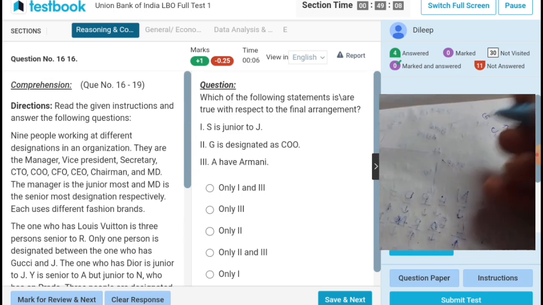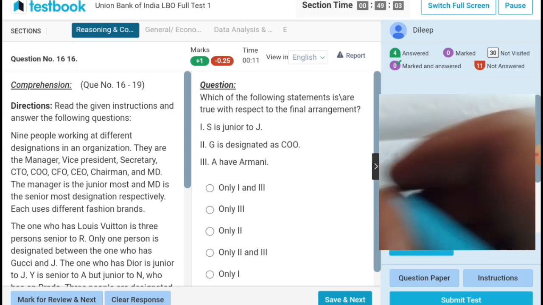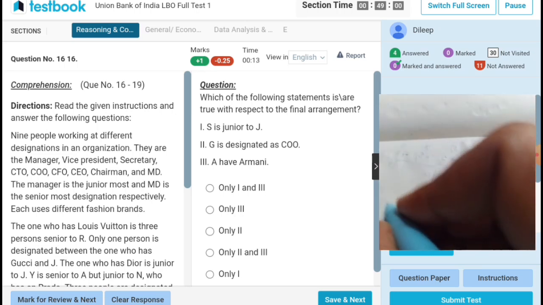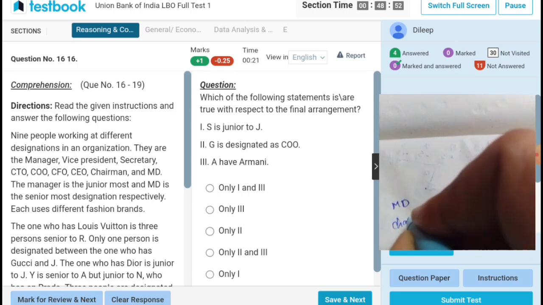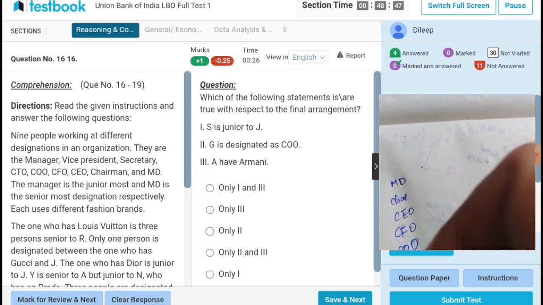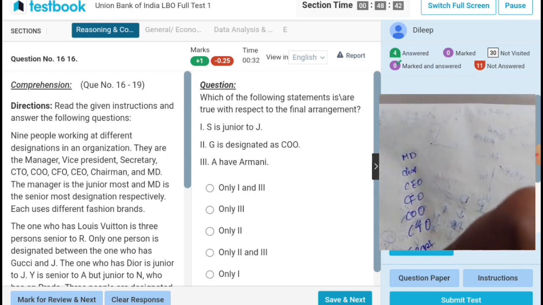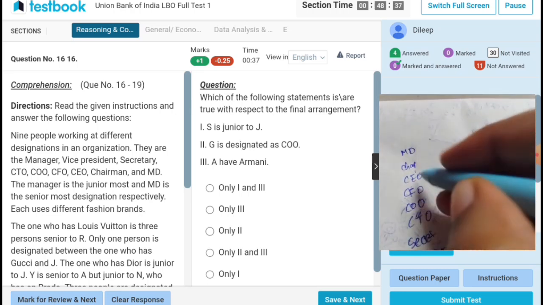Next one. 9 people working at different designations. MD is senior most. MD, chairman, CEO, CFO, CTO, secretary, vice president, and manager.